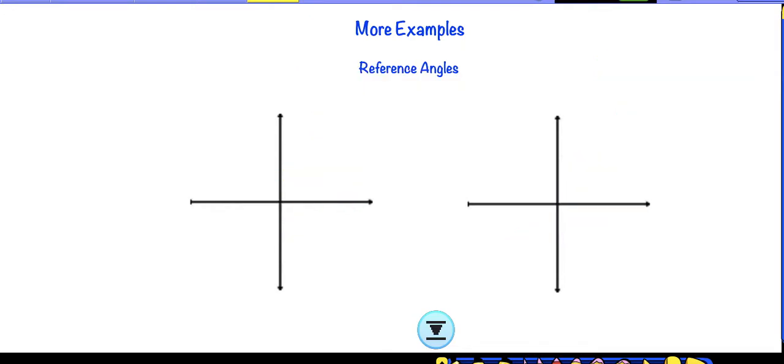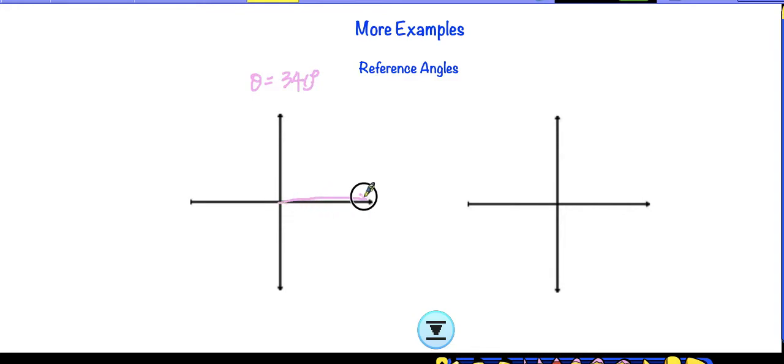So for reference angle, let's do one more example. Let's see, I want to find out the reference angle for 340 degrees. First, let's draw that.